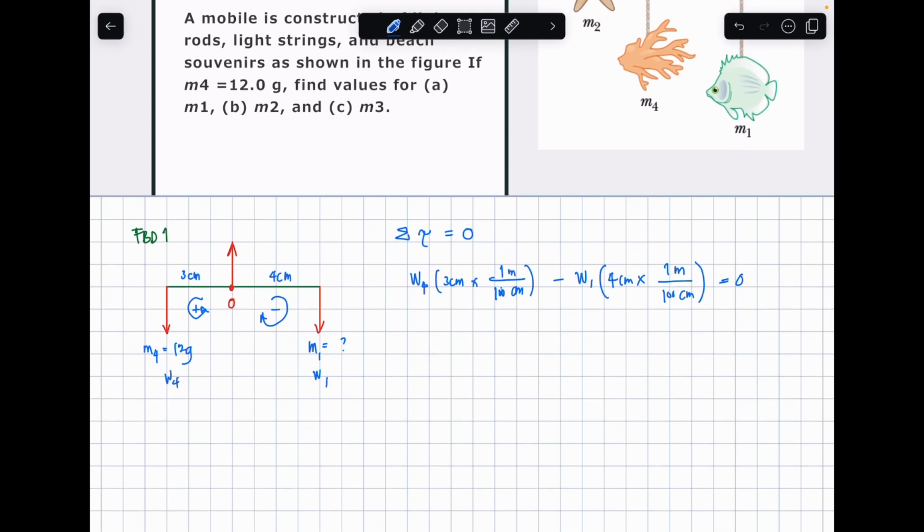Our weight force can be computed as 12 grams, and 1 kilogram is 1,000 grams, and the gravity is 9.8.